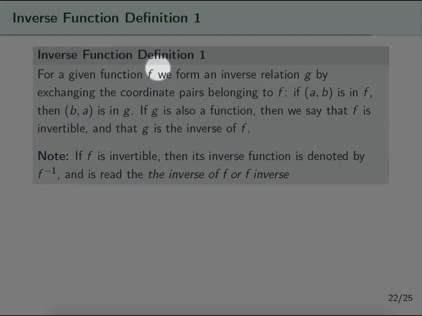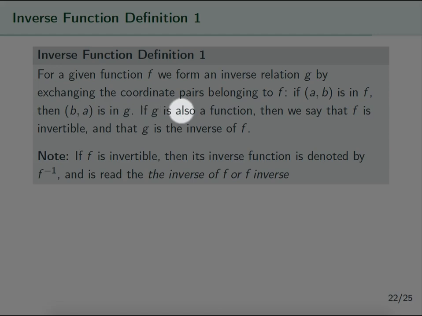So g and f are inverse to each other by exchanging the coordinate pairs belonging to f. So for example, if (a, b), a is input quantity, b is the output quantity, is in function f, then (b, a) is in function g. So we invert the process by switching or exchanging the coordinate pairs.